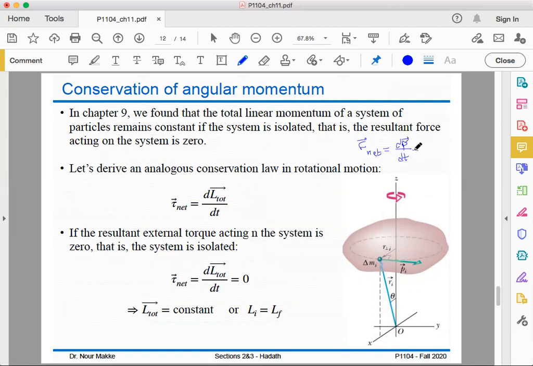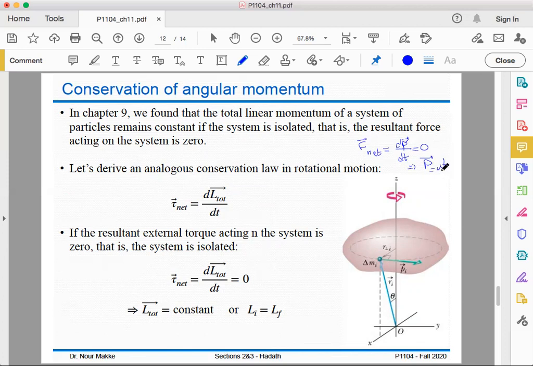And then we said that if the system is isolated, meaning there are no external forces, no exchange or interaction between the particles of the system and the surrounding environment, then F net is equal to 0. This means the derivative of P with respect to time is equal to 0, which means P is equal to a constant, right? And therefore P initial is equal to P final.